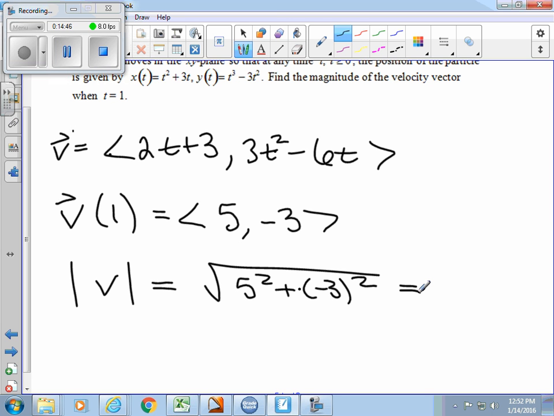The 5's in the wrong spot, isn't it? It's on one of the legs. So 25 plus 9 is 34. Square root of 34. So that is the magnitude of the velocity vector. Again, that is the speed. If I wanted to know the speed of the particle at time 1, that is the speed of the particle.